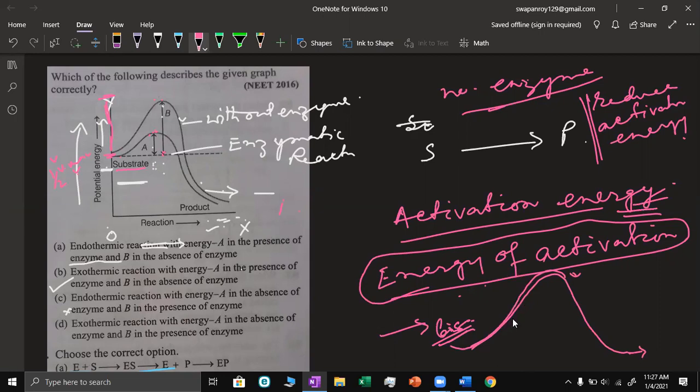But if the elevation is reduced, say a road has been formed with less elevation, then you require less energy and can cross this border. Otherwise, if this was the height, it is very difficult to cross. So the enzyme overcomes the energy barrier.